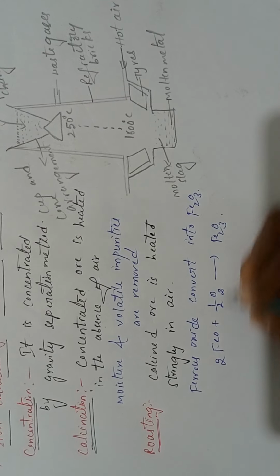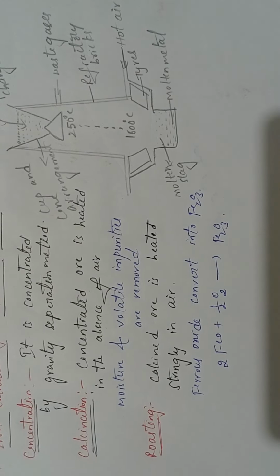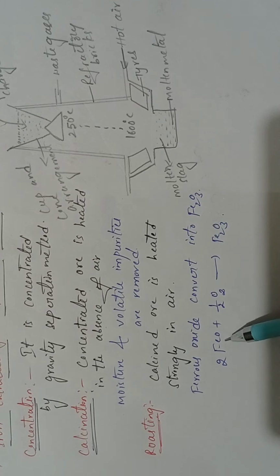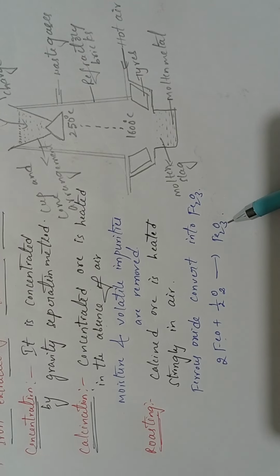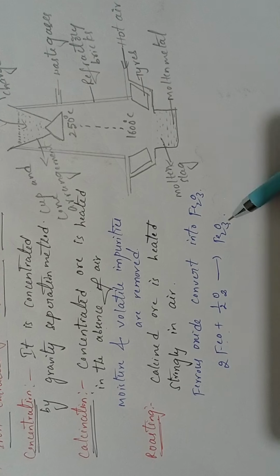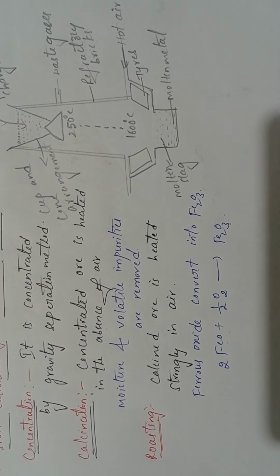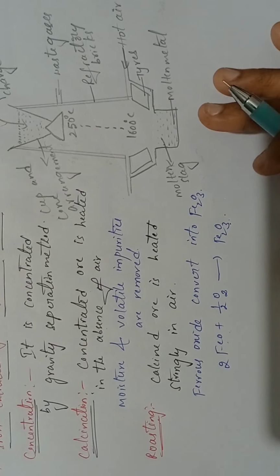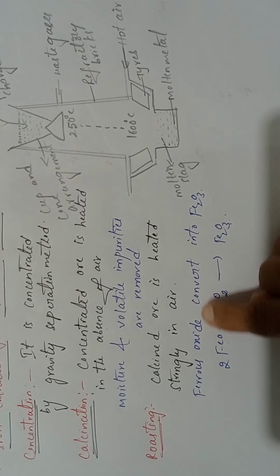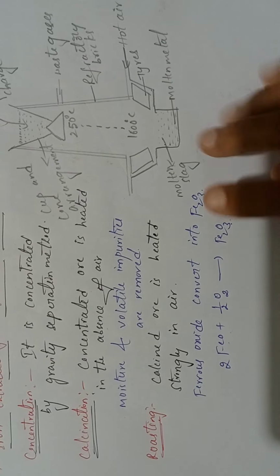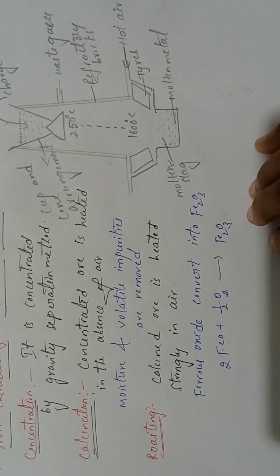Take 2 moles here, then the equation is balanced. That means ferrous oxide is converted into ferric oxide. So this is the roasting method. In the roasting method, ferrous oxide is converted into ferric oxide.